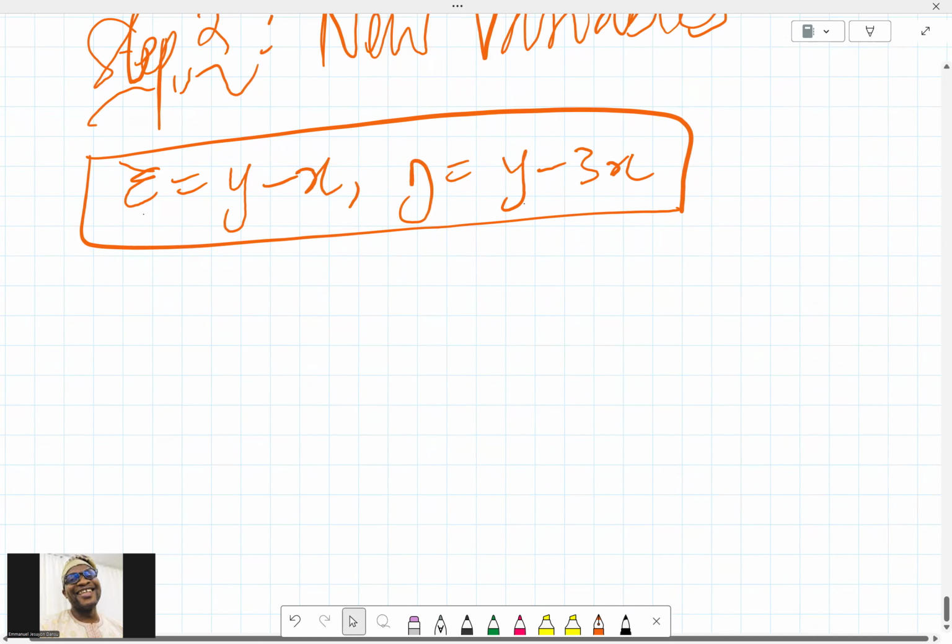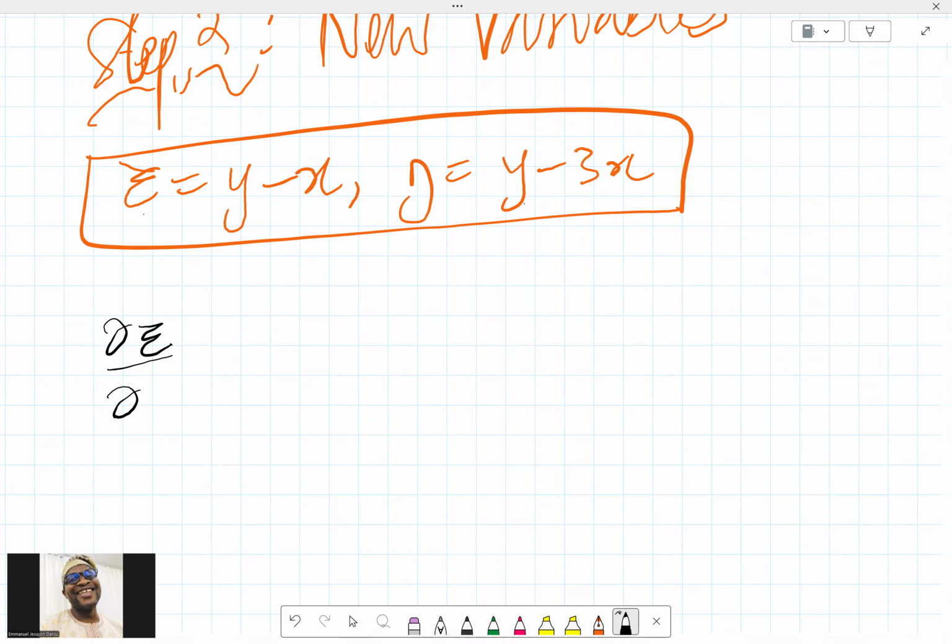What we are basically doing here is using the chain rule to get the derivatives. So partial psi, partial x will be minus 1. Then partial psi, partial y is equal to 1.